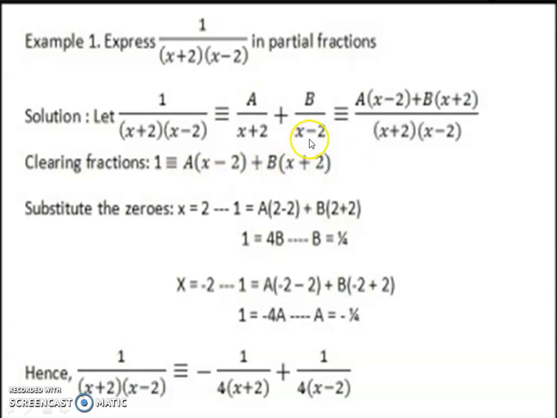Then we put x plus 2 equal to 0, that means x equal to minus 2 in this whole equation. If we put 2, we derive the value of B is equal to 1 upon 4. If we put x equal to minus 2, we derive the value of A is equal to minus 1 upon 4. So we put the values of A and B in the above equation and derive the final answer.